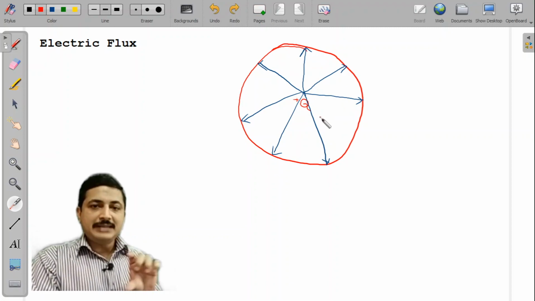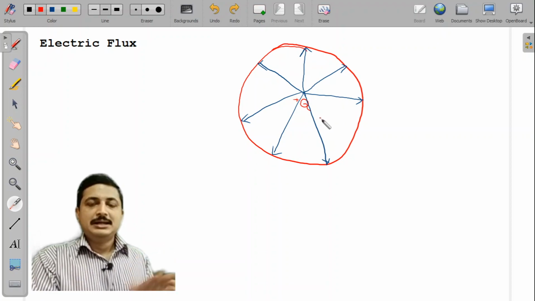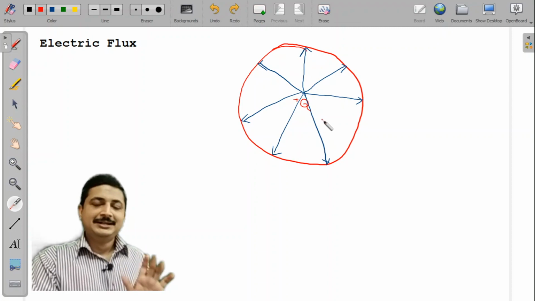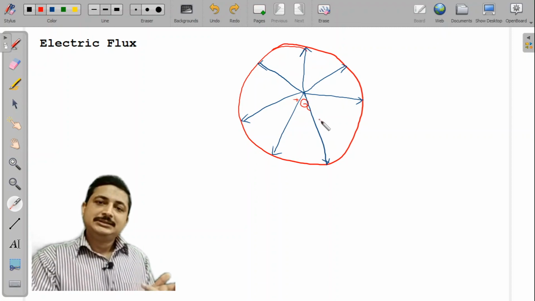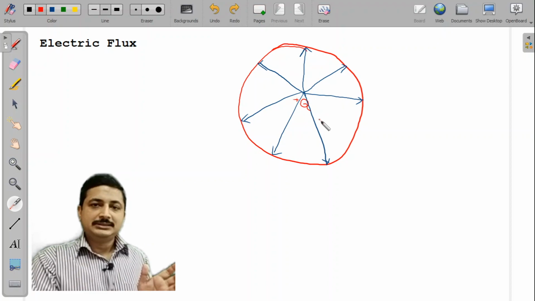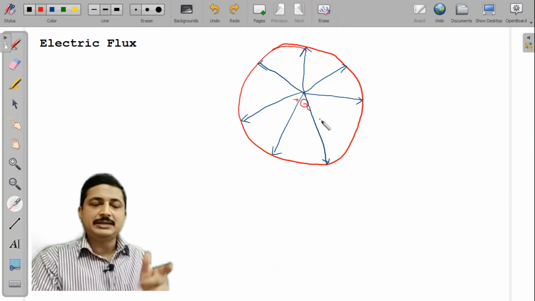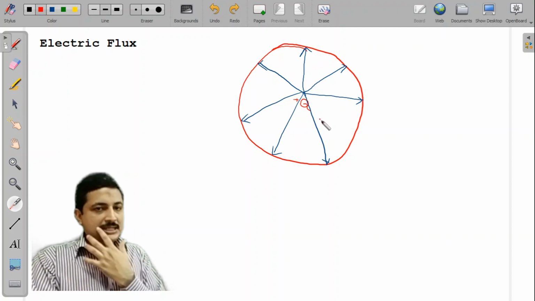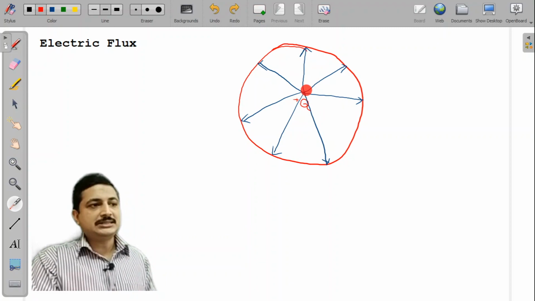Now, these lines of force are termed electric flux. Interesting. So, what is electric flux? Basically, these lines of force represent the force exerted by plus Q on any other charge, and these lines are known as flux lines.